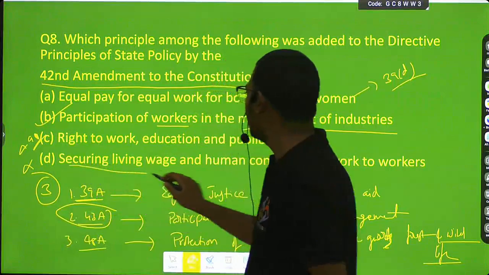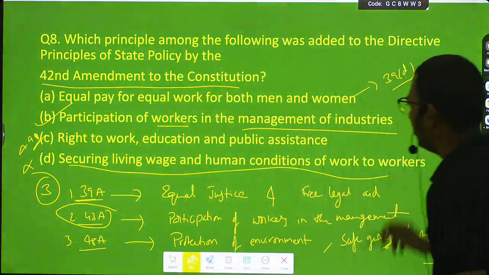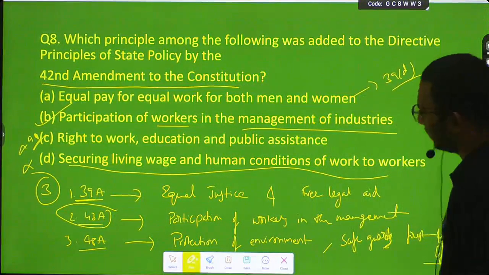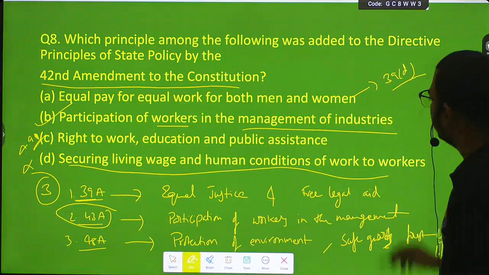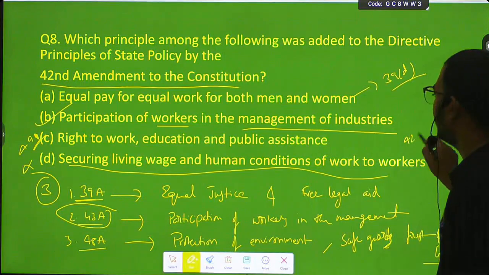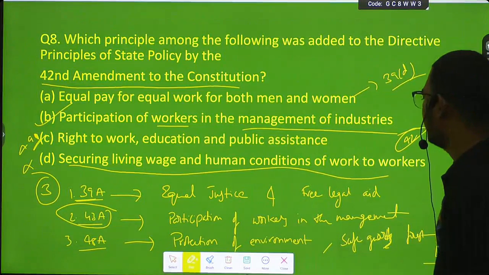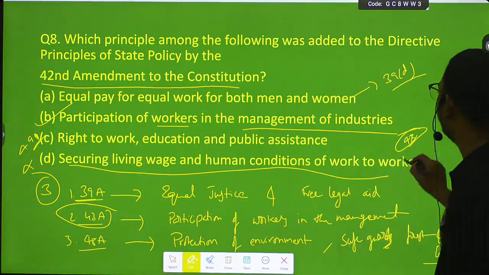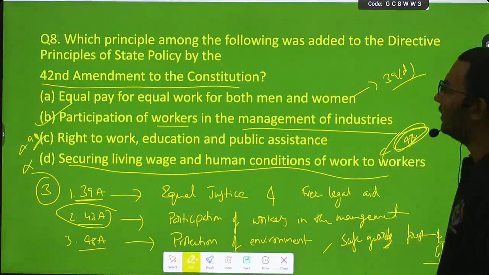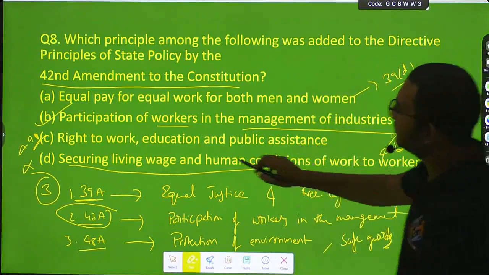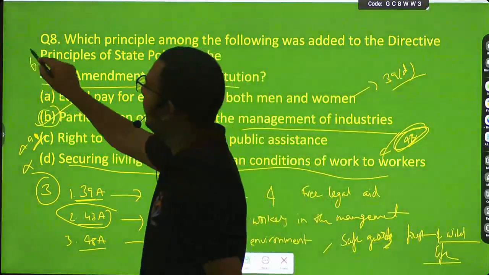And securing living wage and human conditions of work, so this is Article 42. This is Article 43. So this is your answer. Option B is your answer.